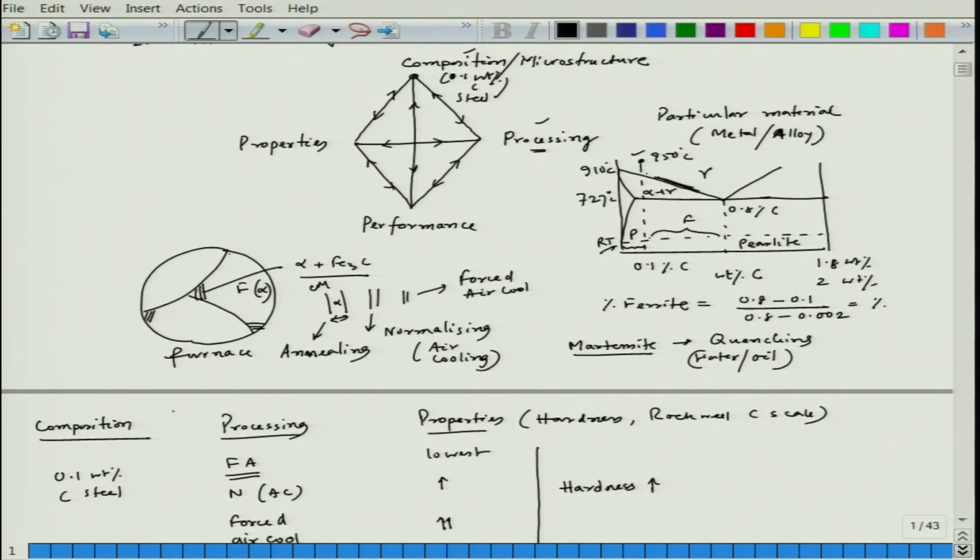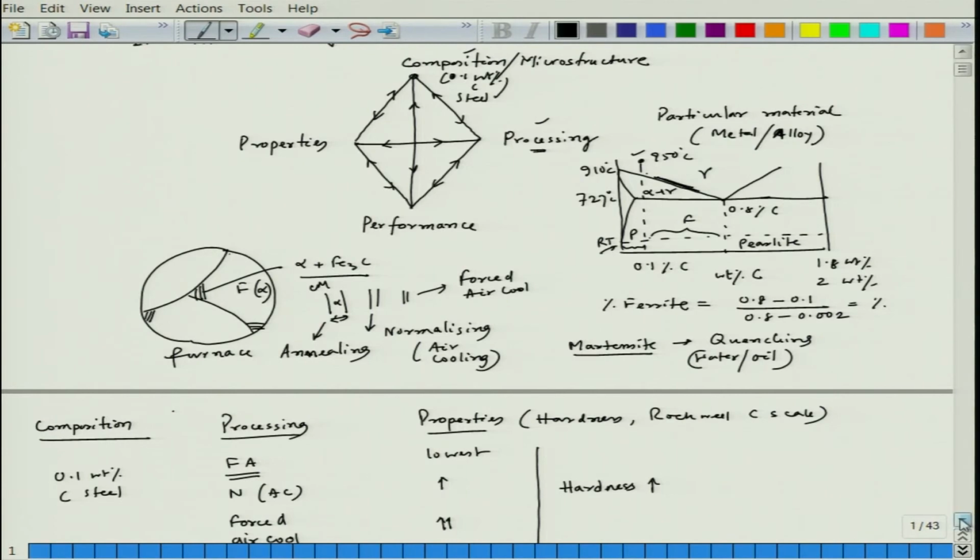Composition fixed, microstructure changes, processing I can change to get the different properties. So, properties is dependent on microstructure, processing changes the microstructure, and properties, processing, composition as well as microstructure would finally give you a specific performance. Okay. So, that means all those arms are intricately related.